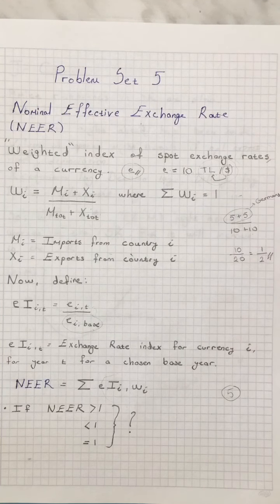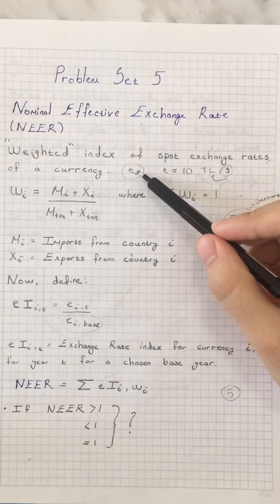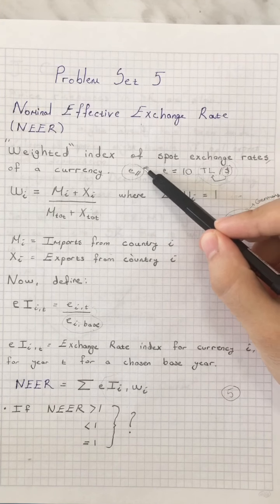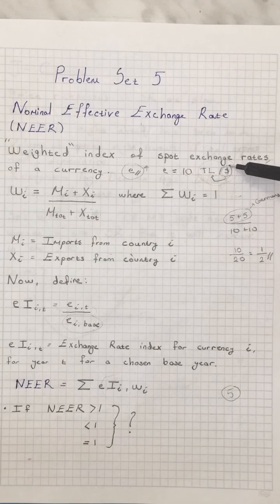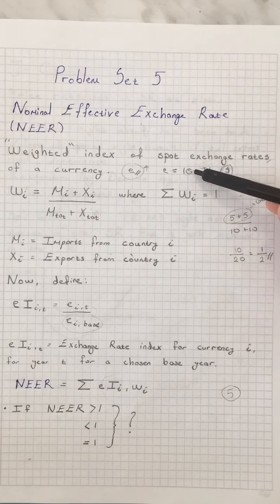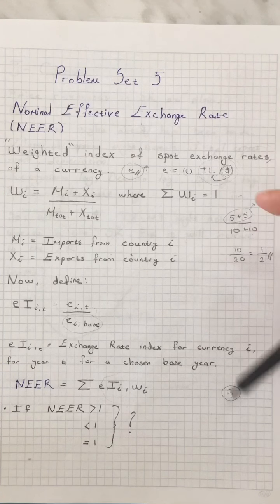If E goes up, that means that our currency is losing value, a depreciation. If our E increases, then our currency is depreciating.